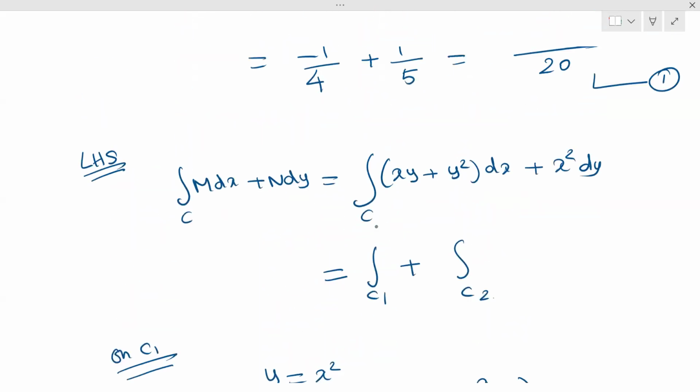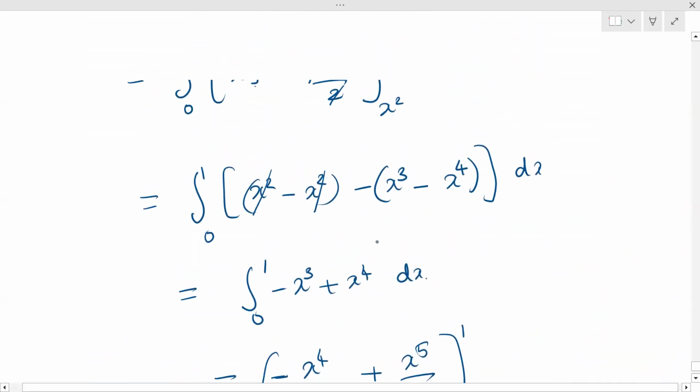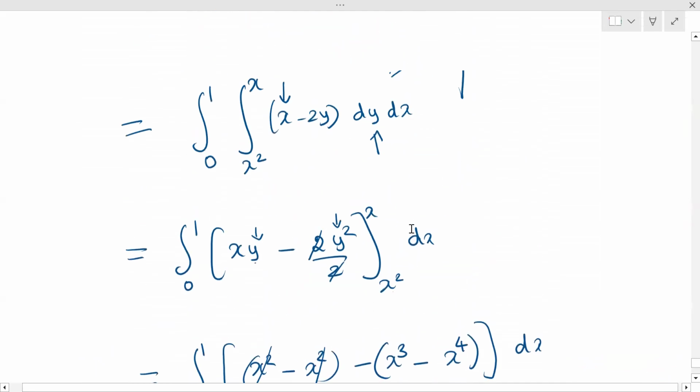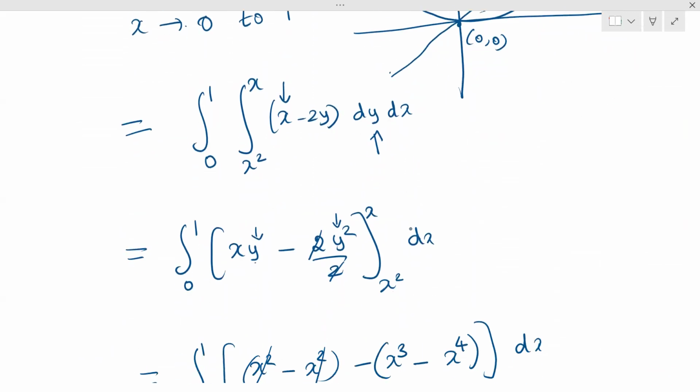So in the region, this is our region. What is the limit of x? It is going in this direction. So x varies from 0 to 1.